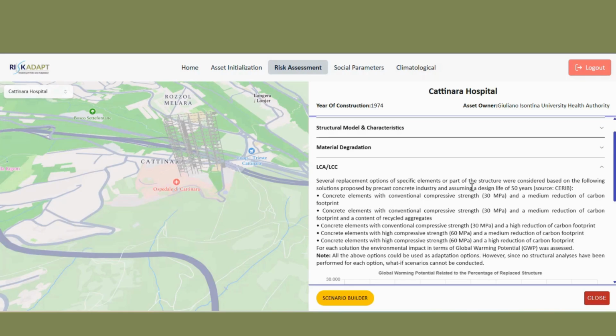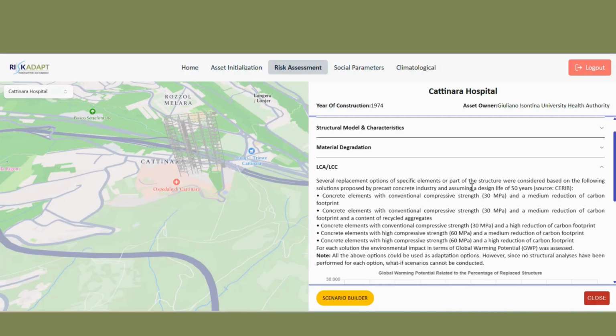For the case of the hospital, in the life cycle assessment, five different options of using different concrete types with different characteristics were assumed, and they were provided by our project partner BIBM, who are experts in the concrete industry.